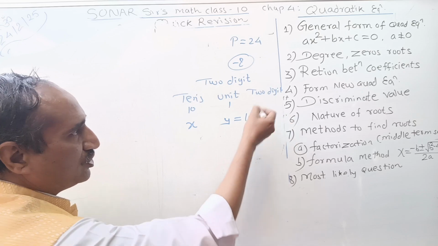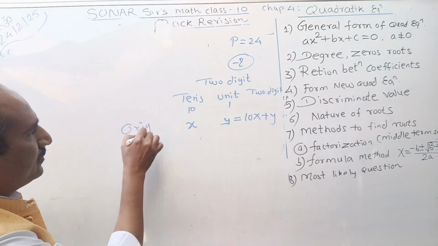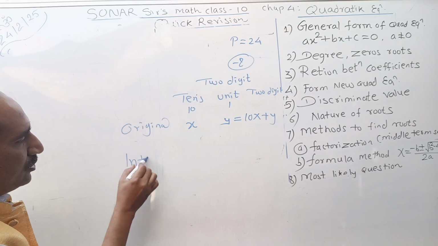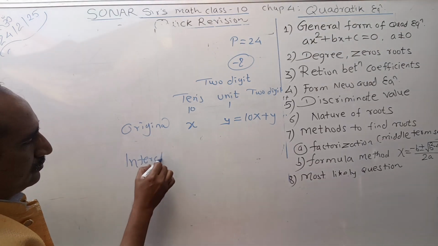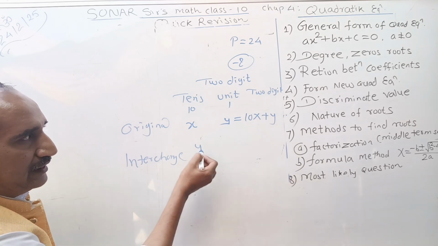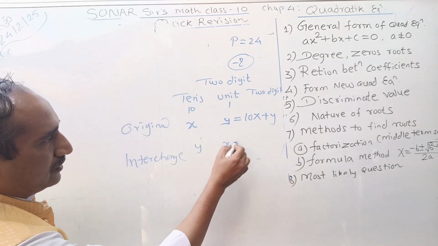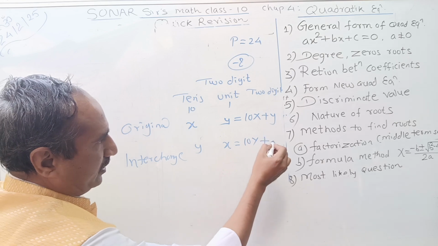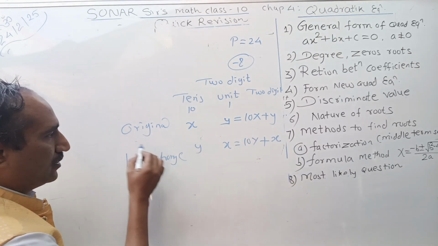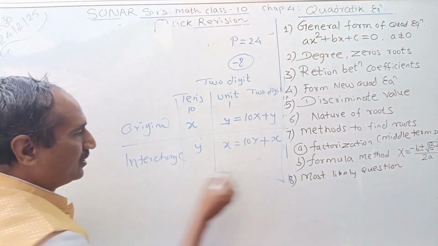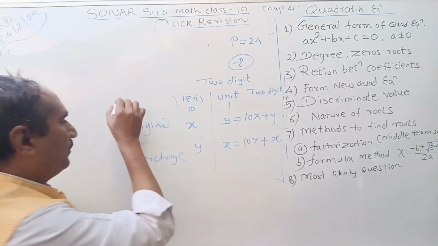This is the original number. And if we interchange, means the unit place y goes to the tens place and x comes here, then the number formed is 10y plus x. This is the number when we interchange the digits. So this is the simplest form we can prepare.